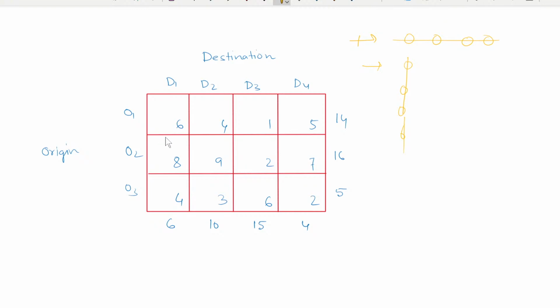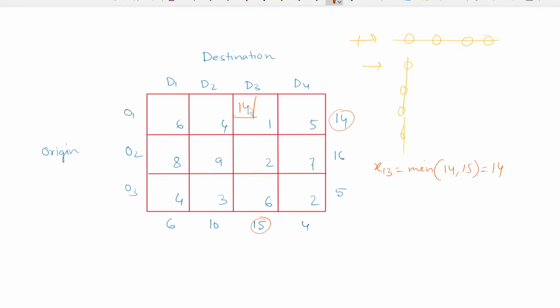Okay, so see here, this 1 is the minimum element from all the elements of the matrix. So we allocate here first. The allocation is x13 equal to the minimum of 14 and 15, which is equal to 14.